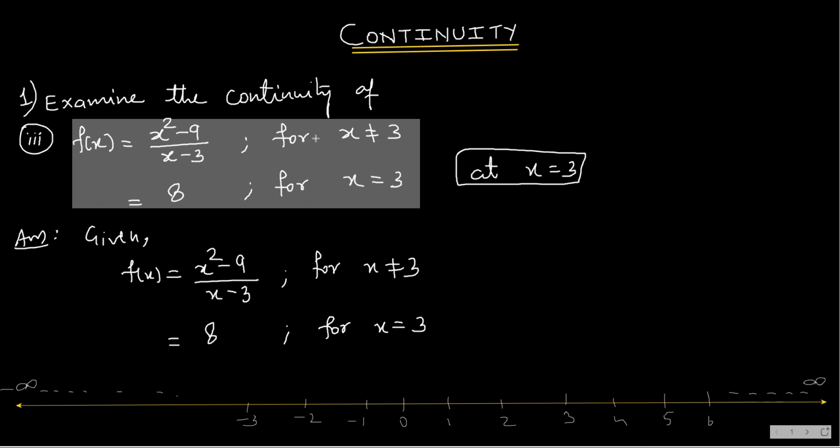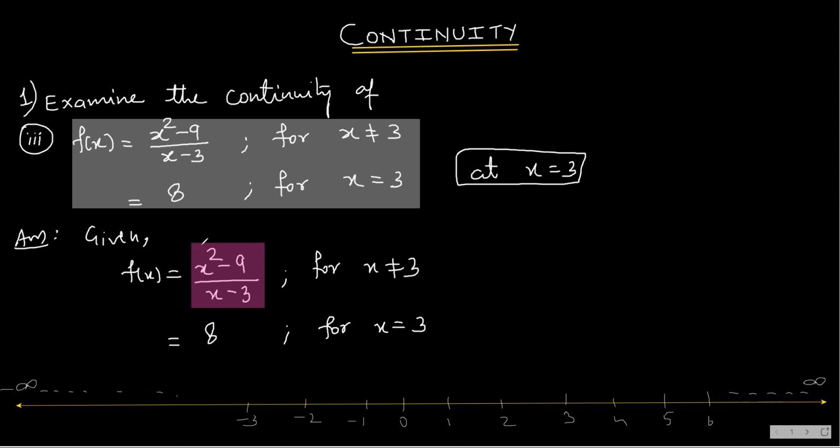The function f of x is this for x not equal to 3. So come on, let us come to this number line and tell me which number on the number line has x not equal to 3.